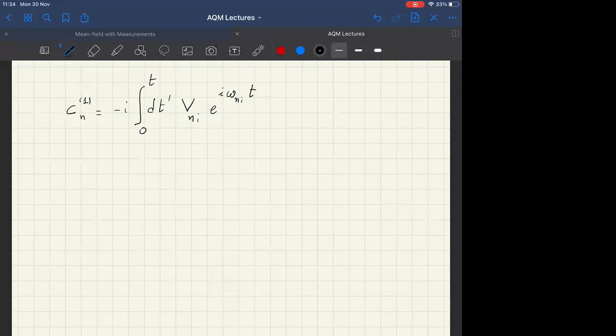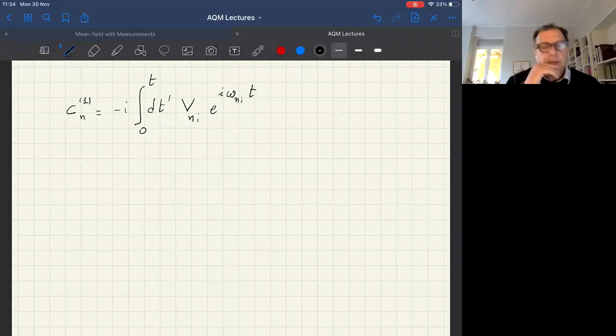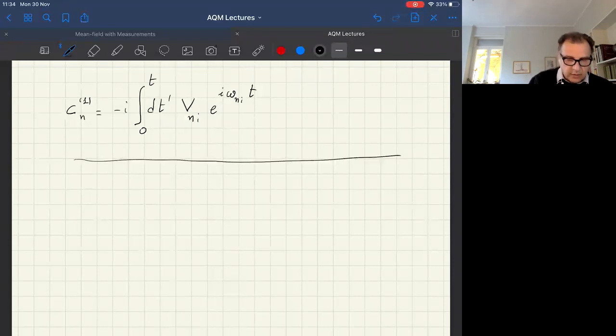Can you repeat? Yeah. So suppose that lambda, so I just write it, okay? So it's a question. Suppose that lambda is equal to 0, okay?